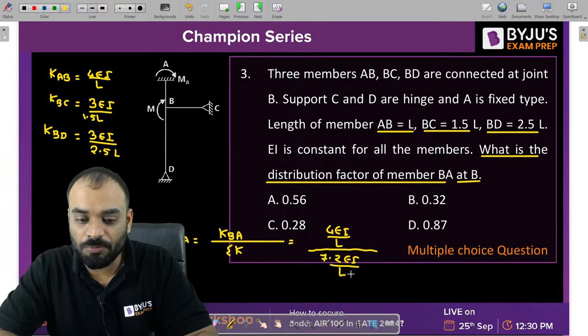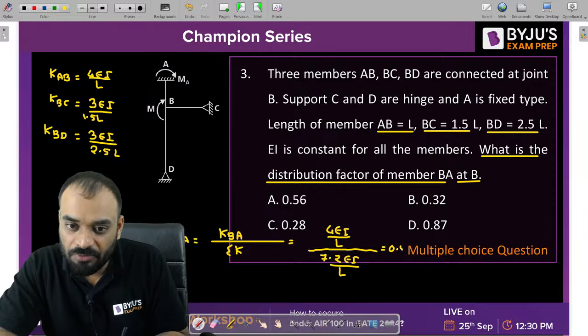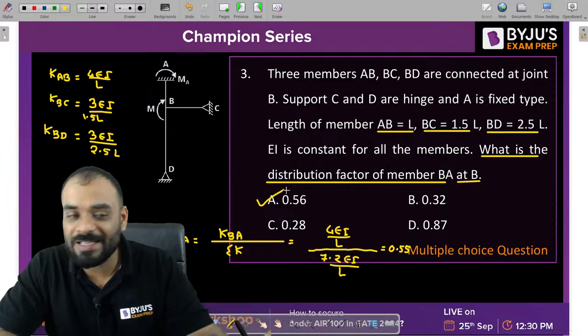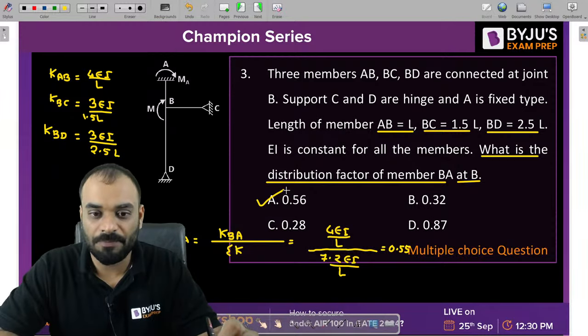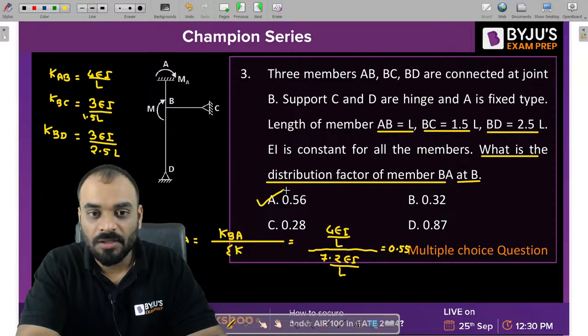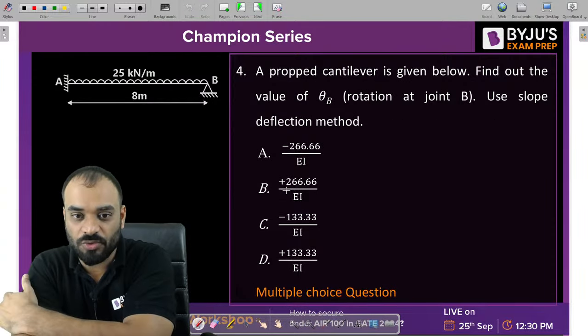It is coming around 0.55 something, so it is around 0.56. That's why A is the correct answer for the problem. Clear? Let's move to the next question.